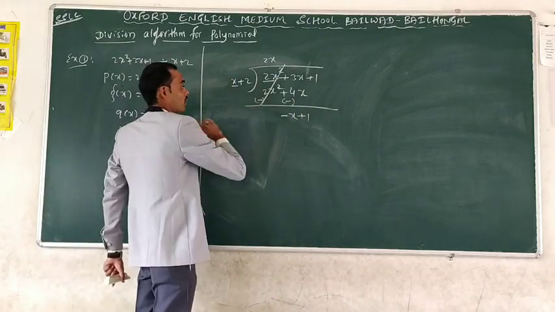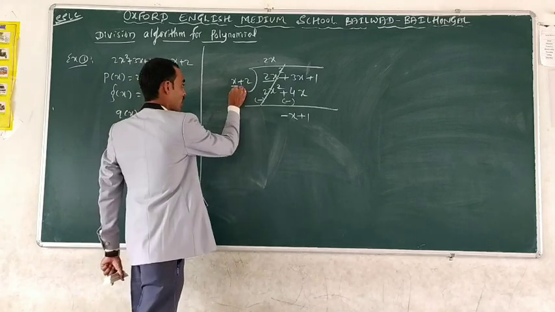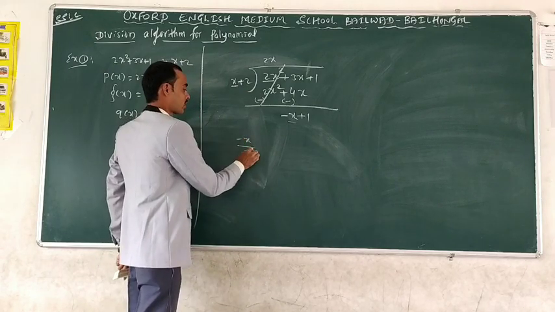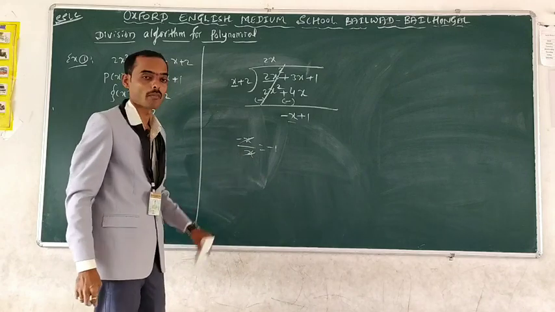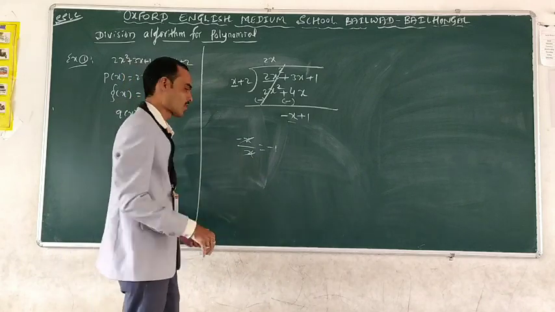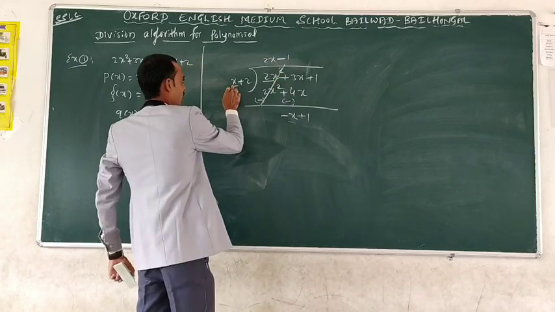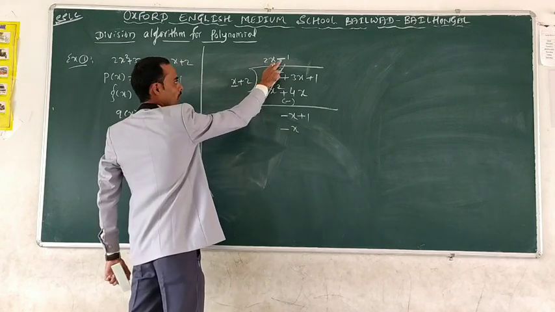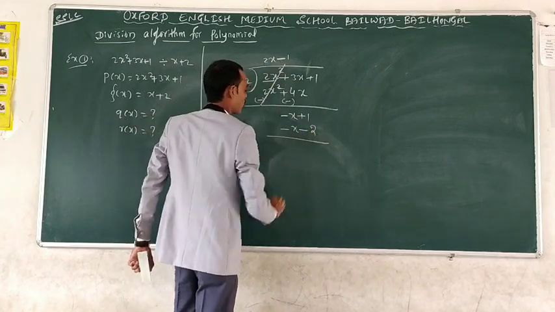Again, consider the first term with the first term. Minus x divided by x gets cancelled, and the remaining value is minus 1. We multiply by minus 1: x into minus 1 is minus x, and 2 into minus 1 is minus 2.